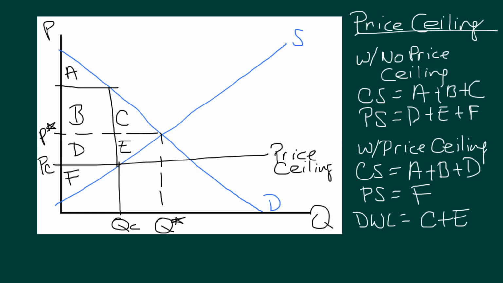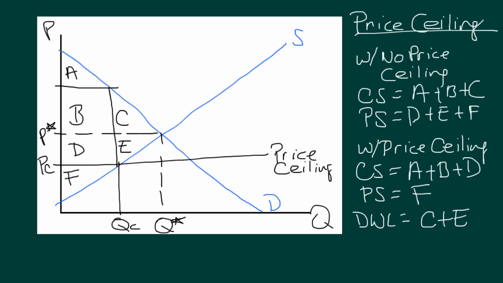By doing so, one of the unintended consequences is a drop in the number of apartments being made available. It used to be Q-star, now it's QC, so it's some lesser amount of apartments. Landlords might sell their buildings, use them for things other than residential living, or turn apartments into condos, so they stop being available for rent and become something you purchase. These are the various ways we see this drop in the quantity of apartments supplied.